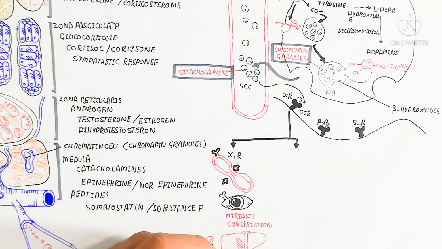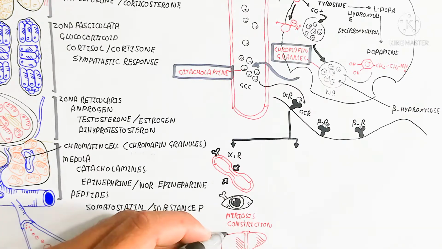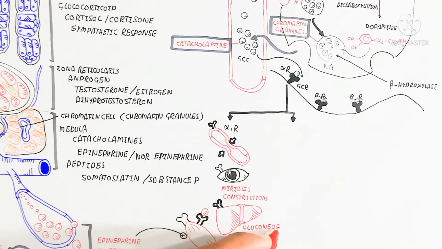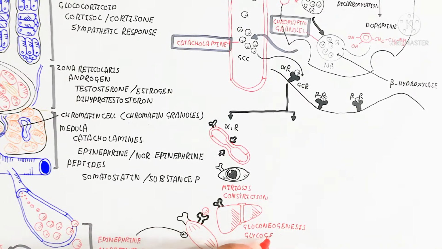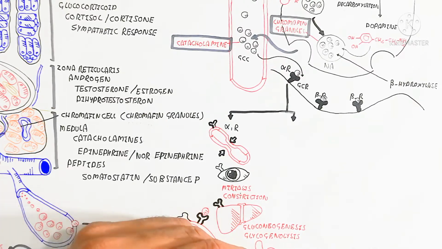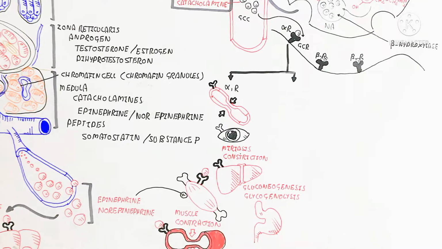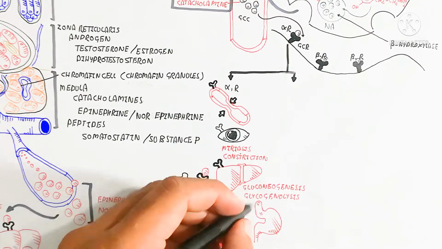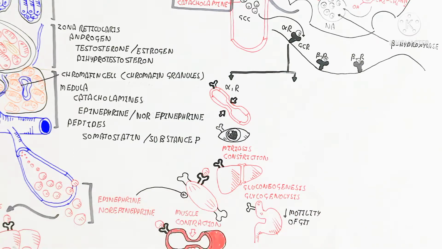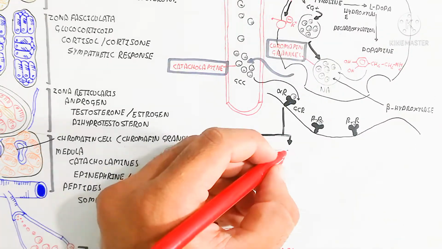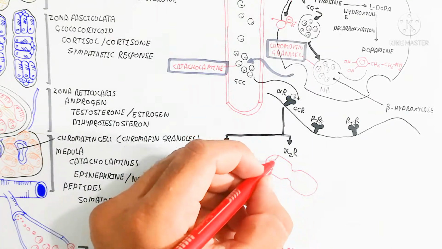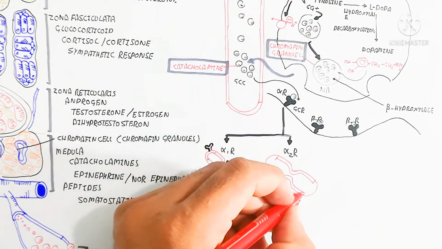They also cause gluconeogenesis and glycogenolysis, meaning glucose elevation in the blood circulatory system, which means the sympathetic nervous system is activating. On the other hand, the motility of the gastrointestinal tract will decrease. Why? Because the sympathetic nervous system inhibits digestion.